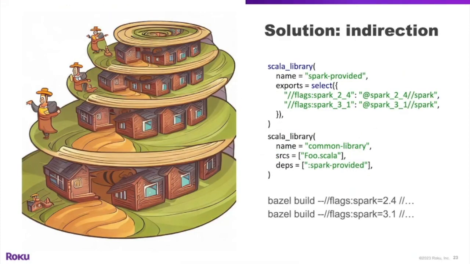But what's the tool that we always reach for in computer science? Indirection. So Bazel also lets you add custom flags, and these flags can change build targets. So that's great. Now we can have this abstracted Spark target that will pick the right version based on a flag, and as long as everything uses that, then you're good.